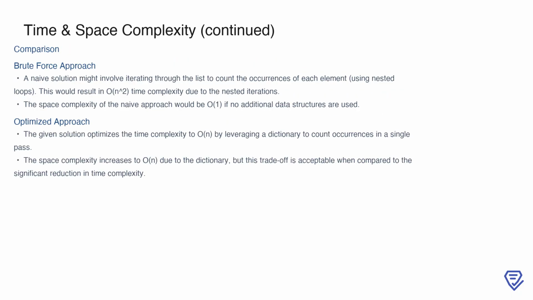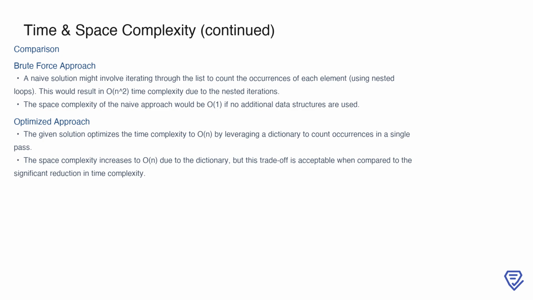To better understand the efficiency of the optimized approach, we can compare it to a brute force solution. A naive method might involve using nested loops to manually count the occurrences of each element in the list. This would lead to a time complexity of O(n²), as for each element, we would iterate through the entire list again.